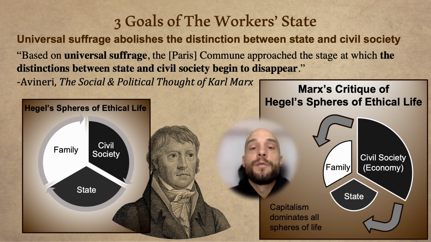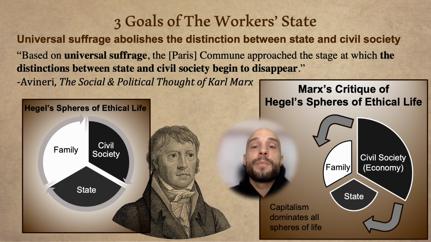For Hegel, freedom requires balance among these spheres. Marx's critique, however, is that under capitalism, civil society, structured by the economy, dominates the others. Market relations deform both the family and the state, subordinating them to capital. Avineri's claim is that universal suffrage in both politics and the economy can finally overcome this distortion.